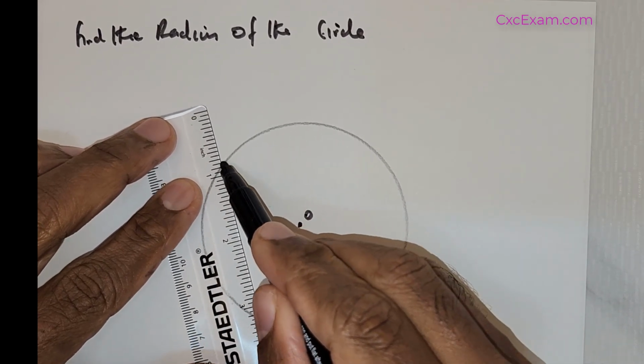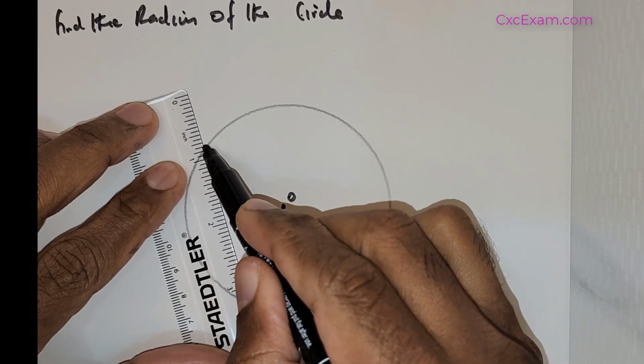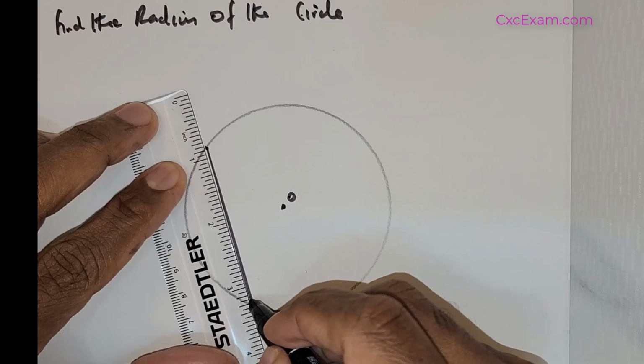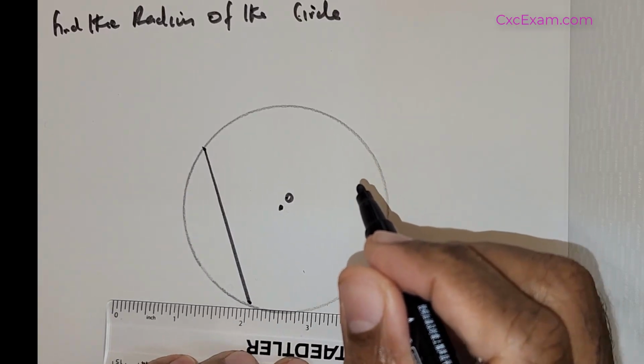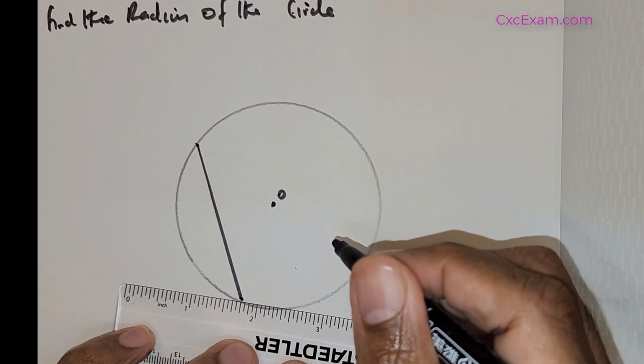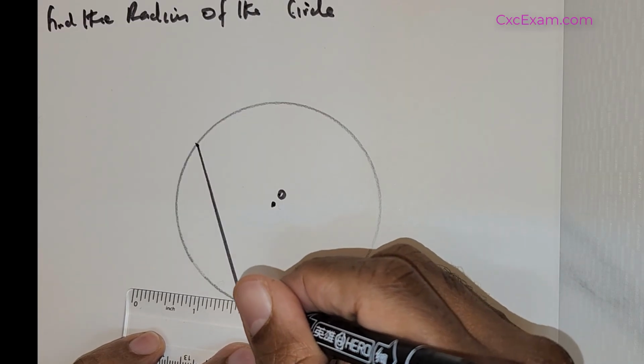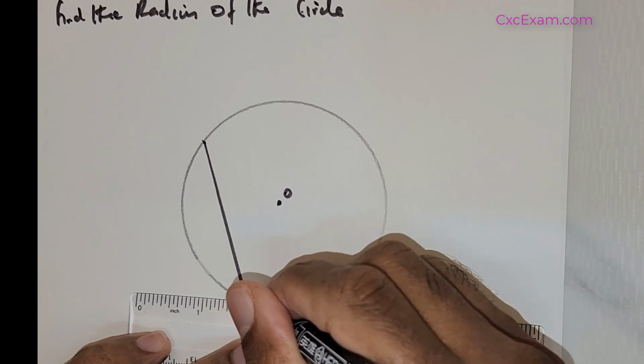Now we have an inscribed angle being created by this particular chord. So let me draw the chord.